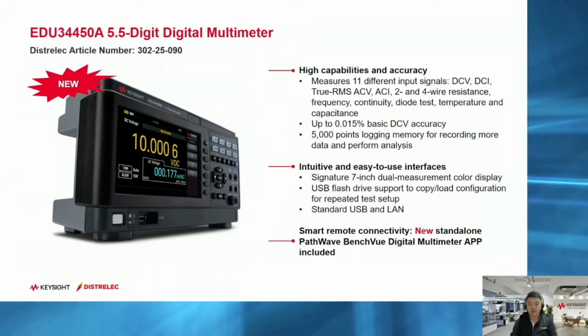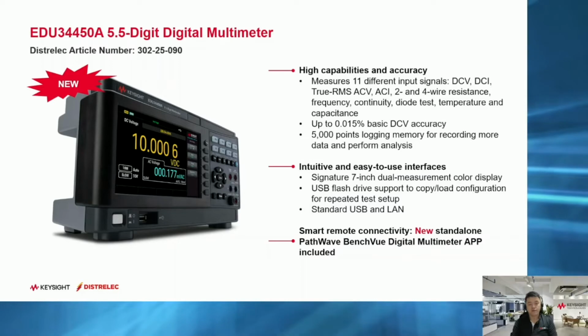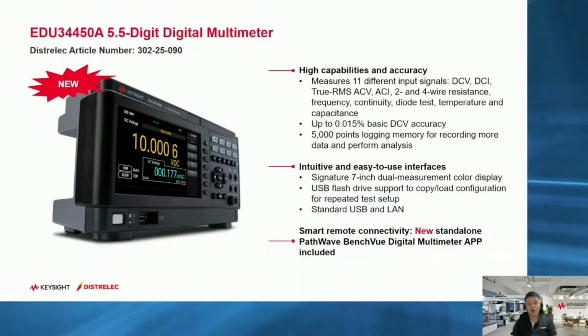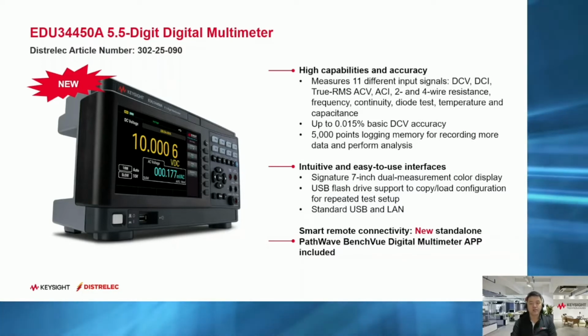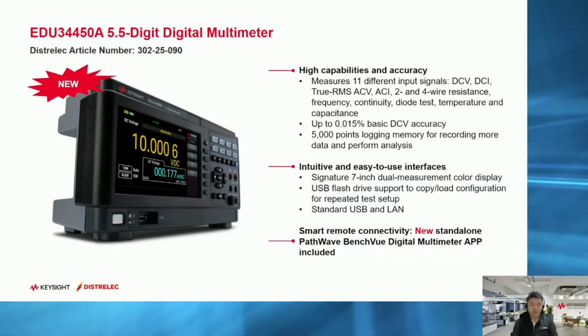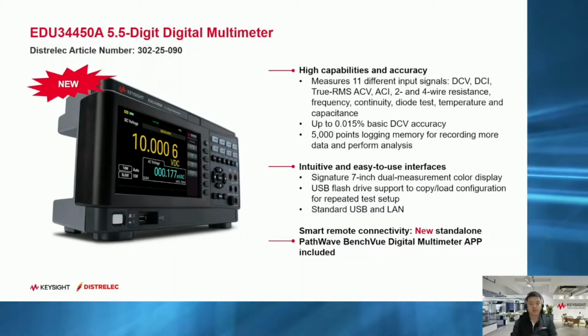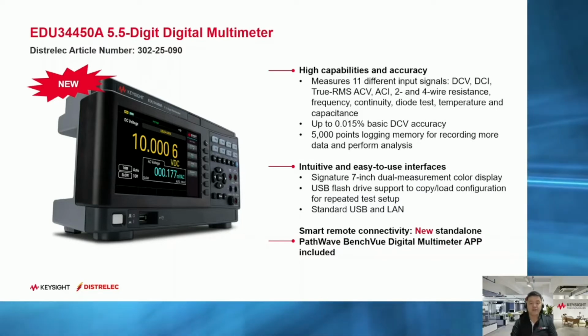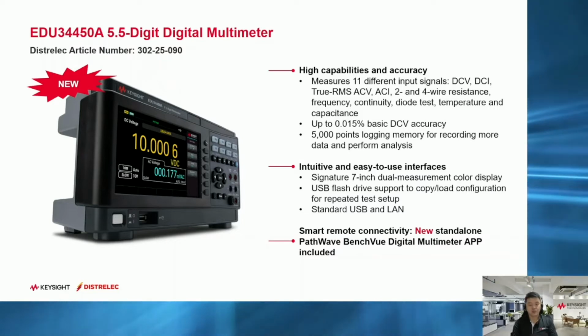It has basic DC voltage accuracy up to 0.015%, and 5,000 points of internal memory are included for applications that require capturing data over a long period of time. The 7-inch dual measurement color display is one of the largest on any DMM in the market. It gives users a matched experience when operating the instruments.